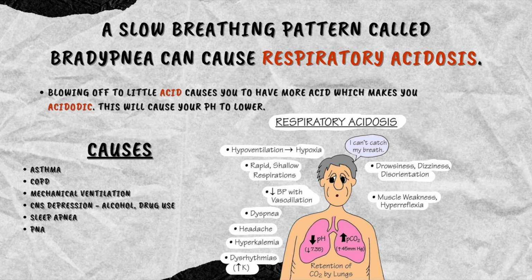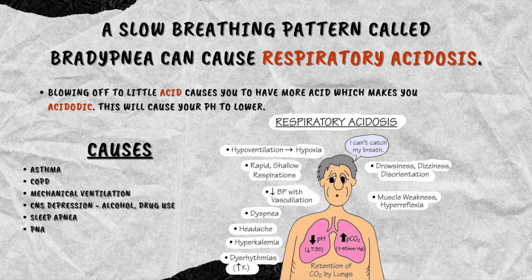So causes of this, asthma is one, COPD, mechanical ventilation. Again, we can go high, we can go low, we can do all kinds of things with the ventilator, and sometimes we just need to see what our numbers look like to know whether we're doing the right things. CNS or central nervous system depression. This is probably one of the bigger ones outside of mechanical ventilation.